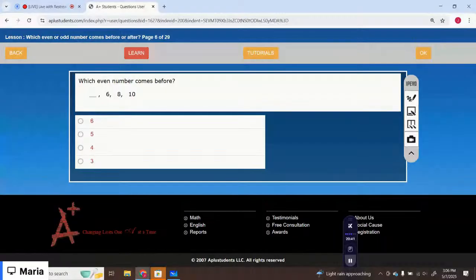Which even number comes before 6, 8, 10?